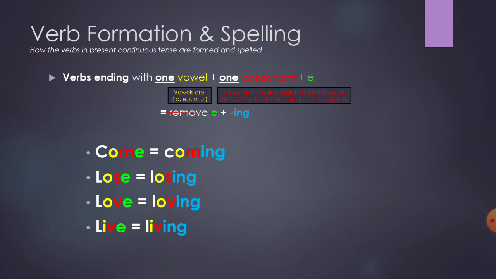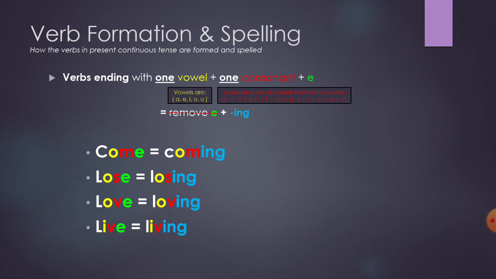For the third variation, one vowel followed by one consonant followed by the letter E, we need to replace the letter E with ing. Okay, replace the E with ing. So E will become ing. Take a look at the first example here. Come.